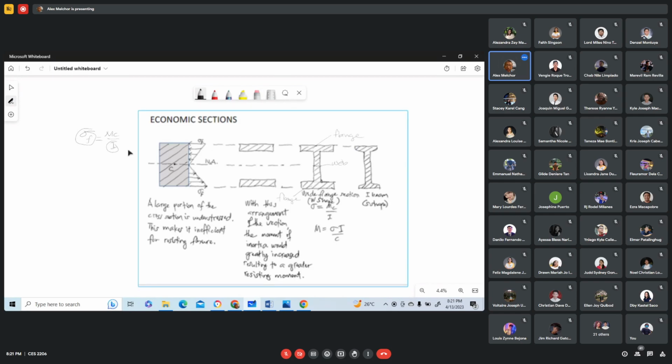So with this arrangement of the section, the moment of inertia would greatly increase, resulting in a greater resisting moment.